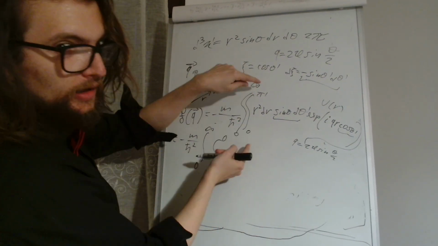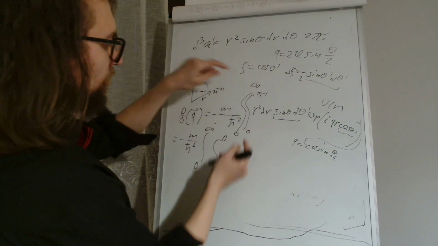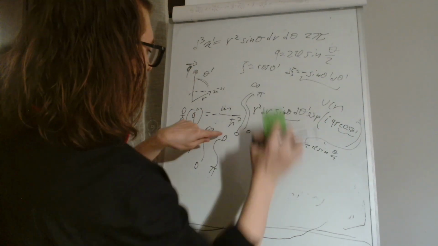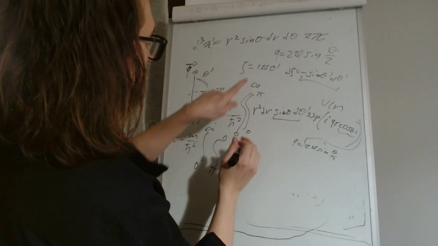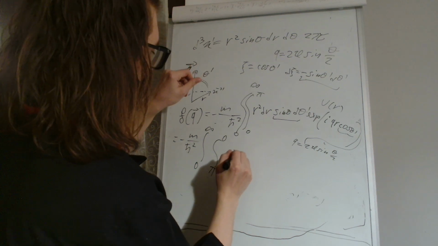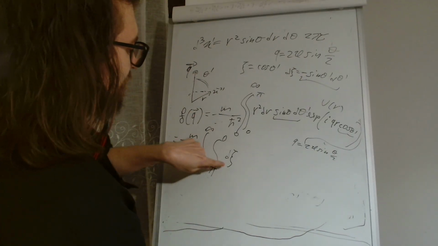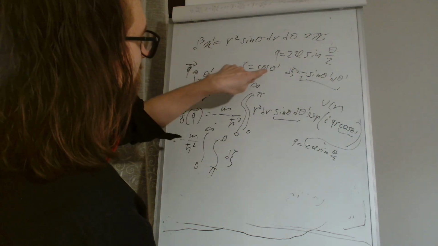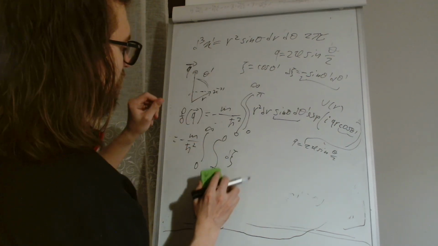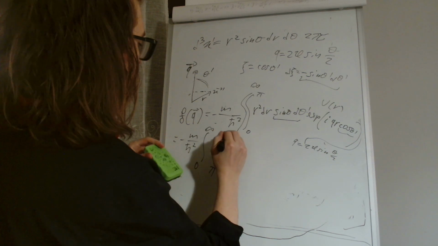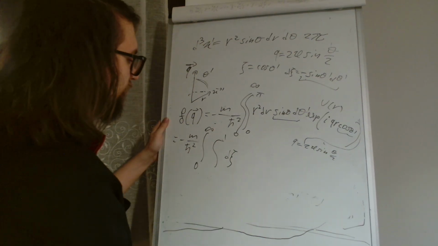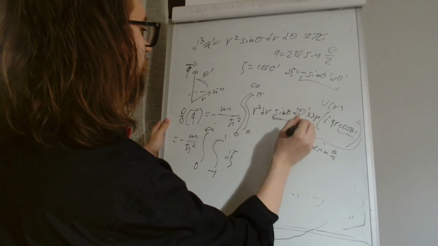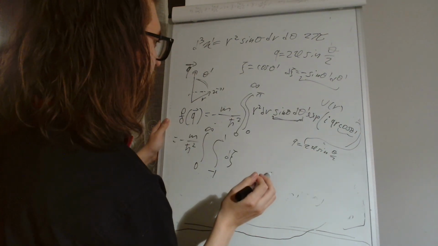We invert the order, so pi here and 0 there, but now we are using dx, so we should put the values for xi. When theta prime is 0, xi is 1, and when theta prime is pi, xi is minus 1. So we got rid of this term here.